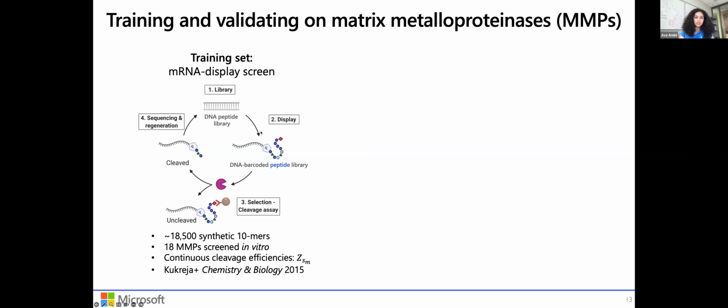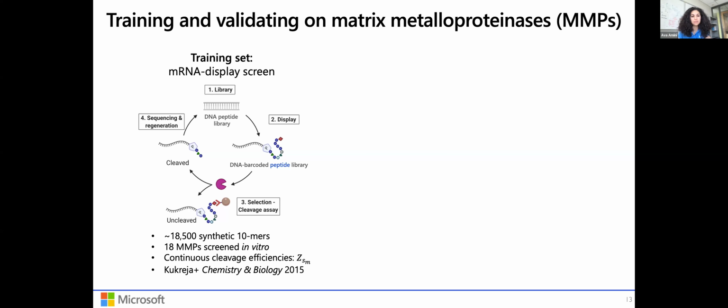And in particular, this is a data set that was actually kind of buried in the biochemistry literature from 2015 of this library of approximately 18,000 synthetic 10-mer peptides that were displayed and screened through a mRNA display approach. And the particularities of how this assay is set up are not especially important.